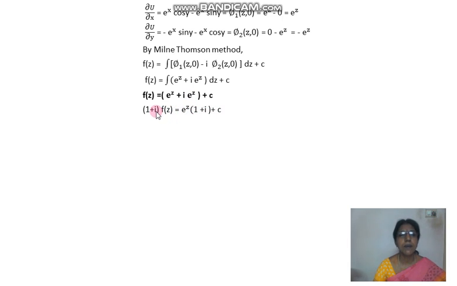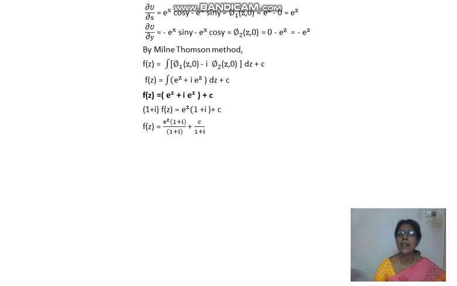Now what is f of z? Here it is (1 plus i) into f of z equals the RHS, so f of z is RHS by (1 plus i). RHS means e power z (1 plus i) by (1 plus i), plus c by (1 plus i). Cancel these two terms, 1 plus i and 1 plus i.